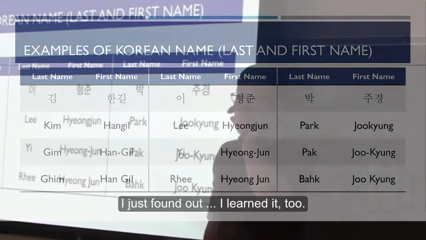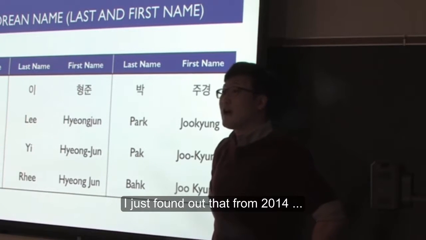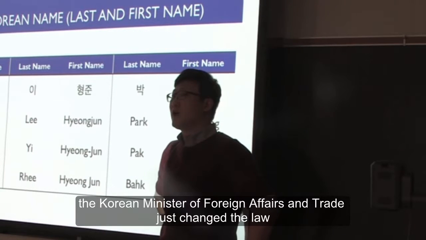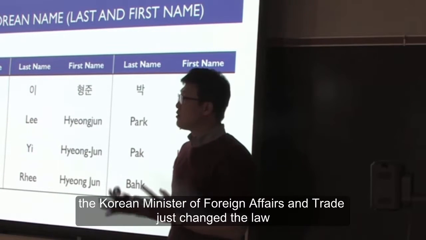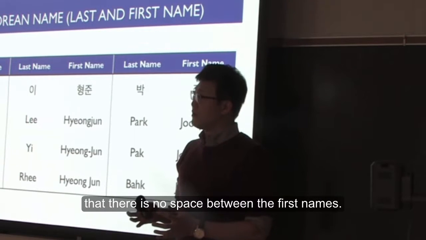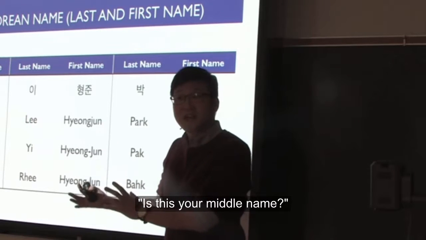I just found out, and I learned it too, that from 2014, the Korean Ministry of Foreign Affairs and Trade changed the rule so that there's no space between the first names, because a lot of people were confused. Is this your middle name?